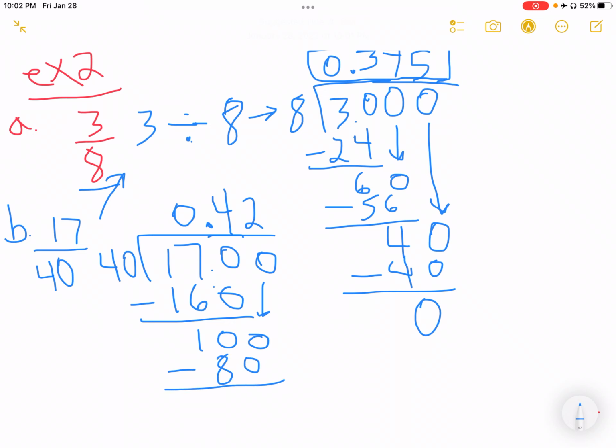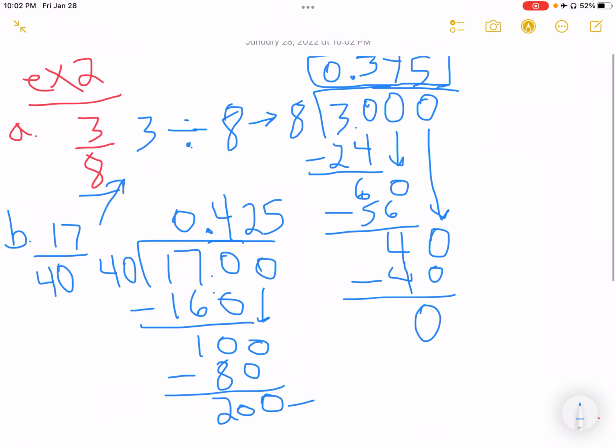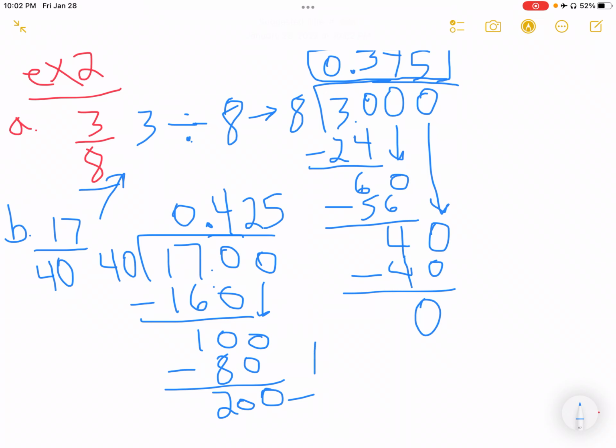We subtract and we get 20. Another 0 down here. And then for this last one, we'll have 5. And 5 will go into 200 times. So I ran out of room on my page here. But we'll subtract 200 here, so my remainder is 0. So then my answer here is 0.425.